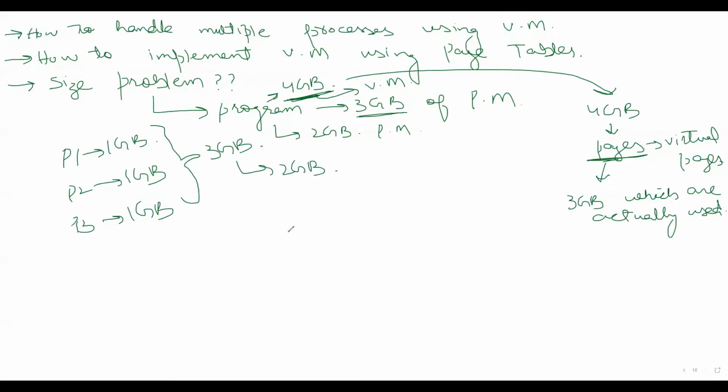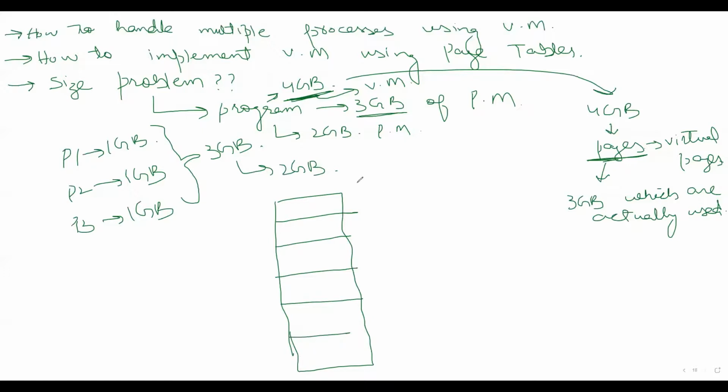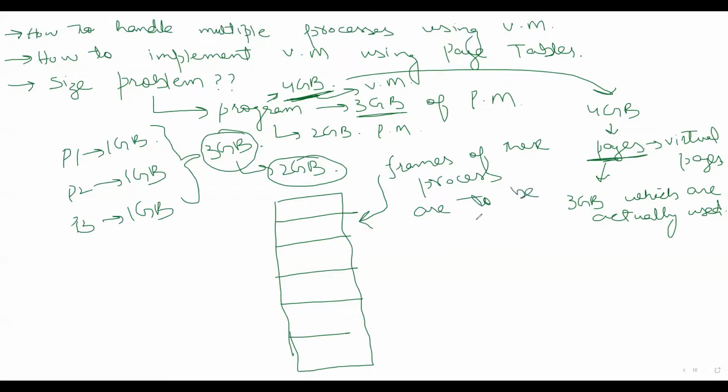In our physical memory we have frames, and these frames can hold only 2 GB of content, but we actually need 3 GB of content. That means some frames of these processes are to be stored somewhere else.